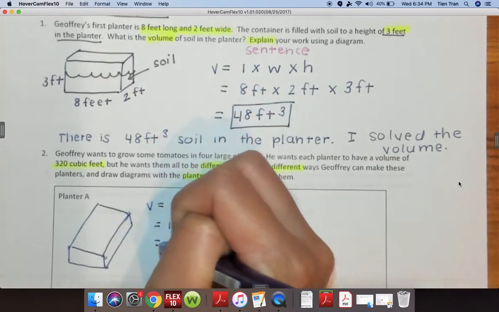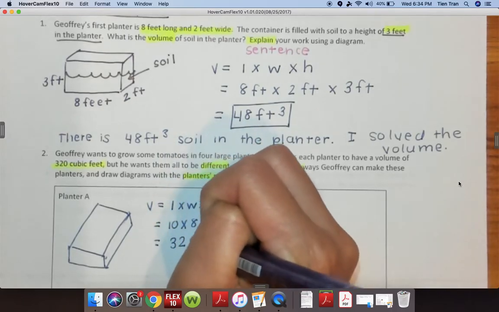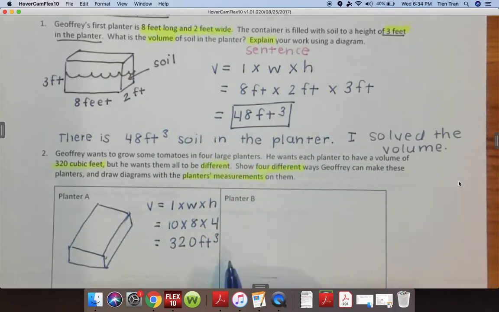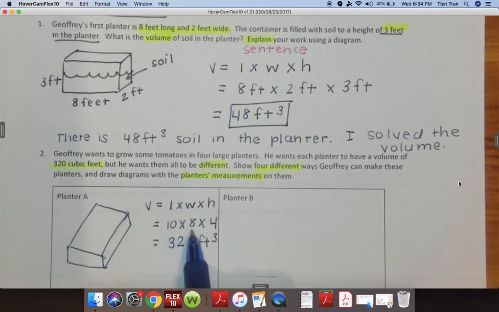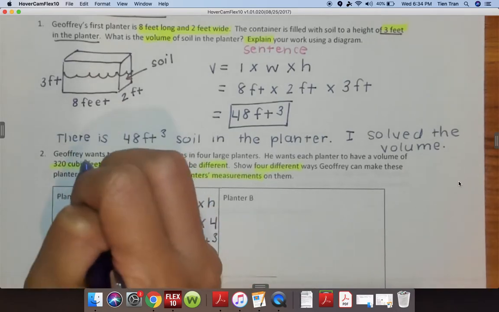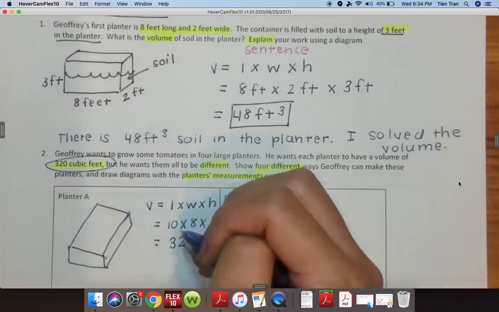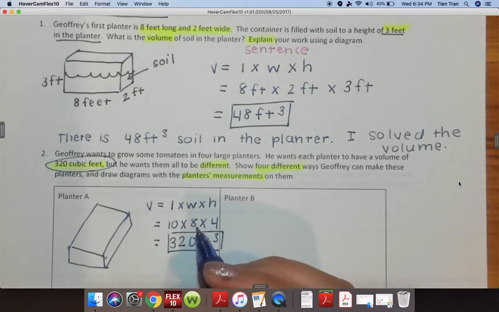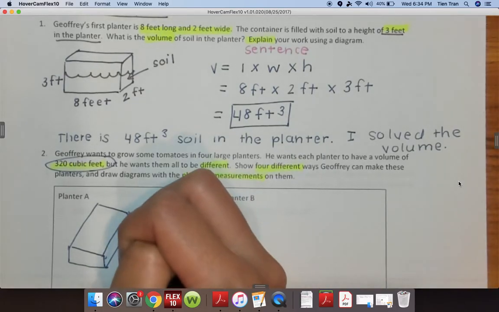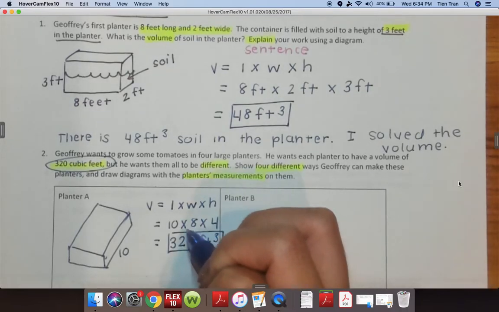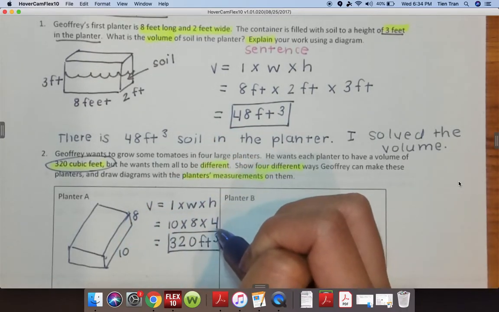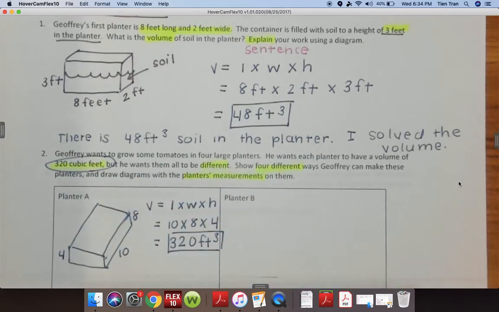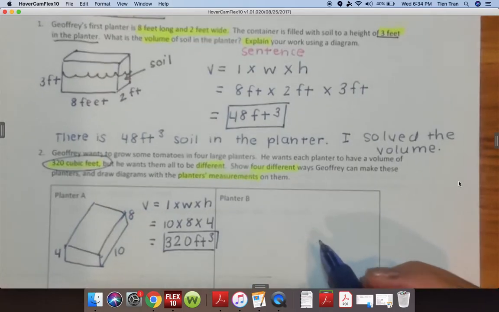And that is going to give me my answer, 320 feet cubed. So you are looking for 3 lengths that's going to give you 320 feet cubed. So my length is 10, and I wrote that my width is 8, and my height is 4.